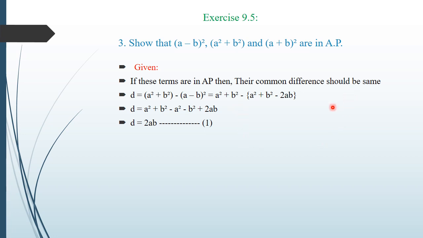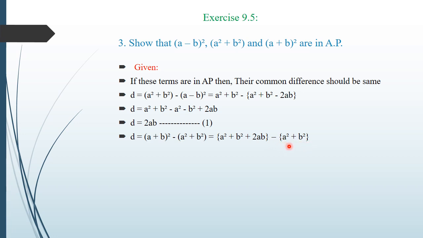Now I'll consider the difference between third term and the second term. That is d equal to, third term is a plus b whole square minus second term is a square plus b square. A plus b whole square, I'll put it in flower bracket, that is a square plus b square plus 2ab. We know this expansion. Then minus a square plus b square, I have kept it in the bracket.